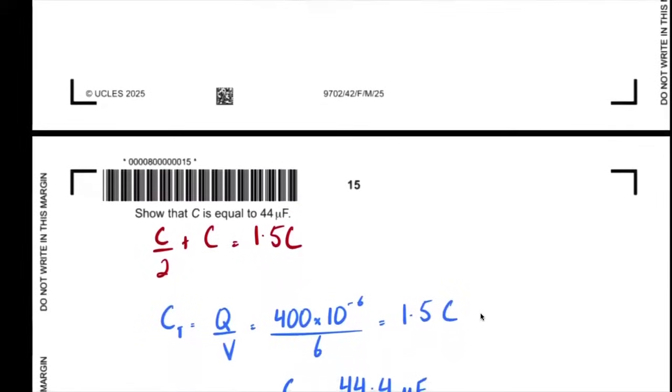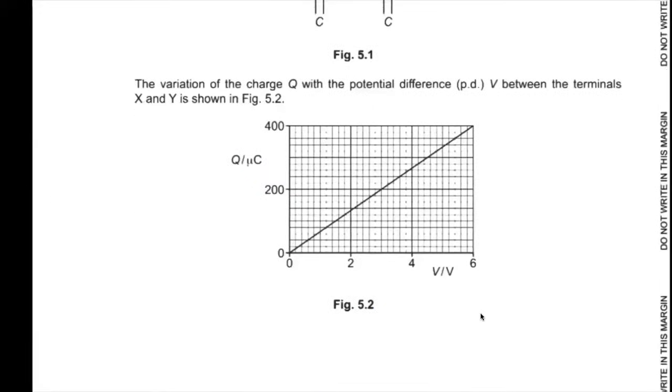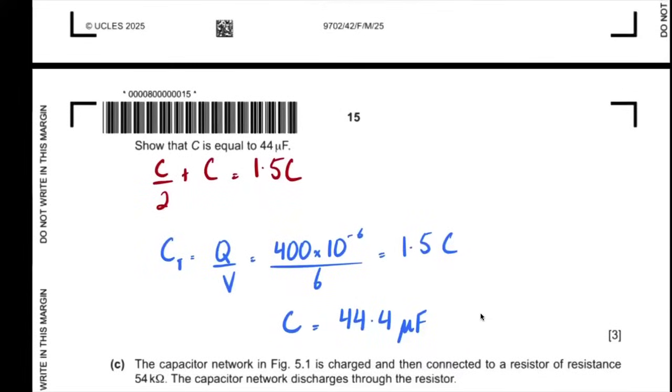So first I found the total capacitance, which is C by 2 plus C, which is 1.5 C. Total capacitance is given by Q over V, so I pick up this value, 400 micro over 6 volts. That is the total capacitance value, and that is equal to 1.5 times the value of one capacitor, C. And then I just rearrange to find C.